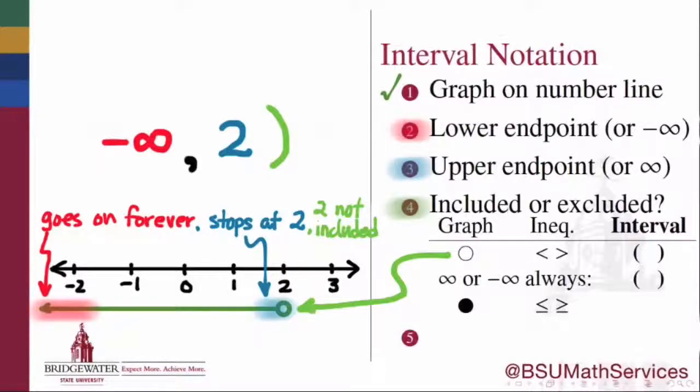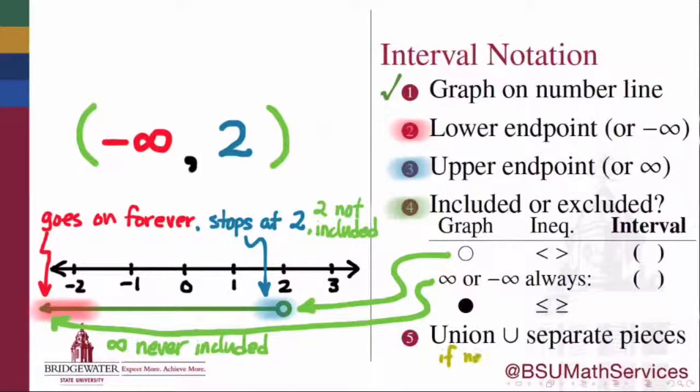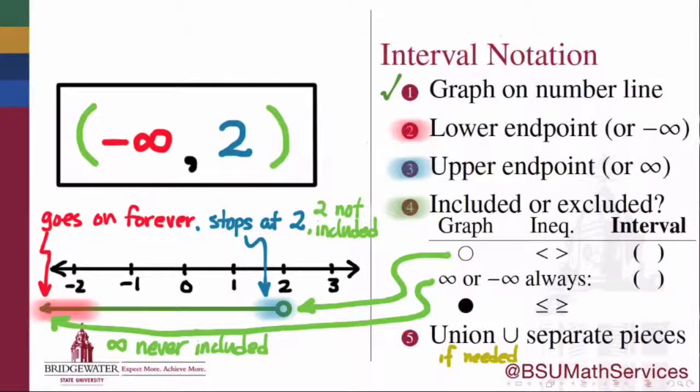Likewise, our lower endpoint is minus infinity, and minus infinity is not itself a number, so infinity and minus infinity are always excluded from any interval in which they participate. So likewise, we'll use a round parenthesis to indicate that minus infinity is not included.